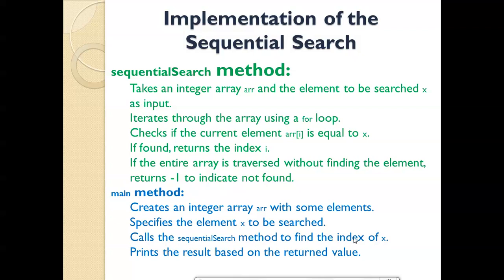Then, by using an object, we can call the sequential search method where it is defined. After getting the results from the sequential search method, the result is stored into the result variable and printed using the System.out.println function.